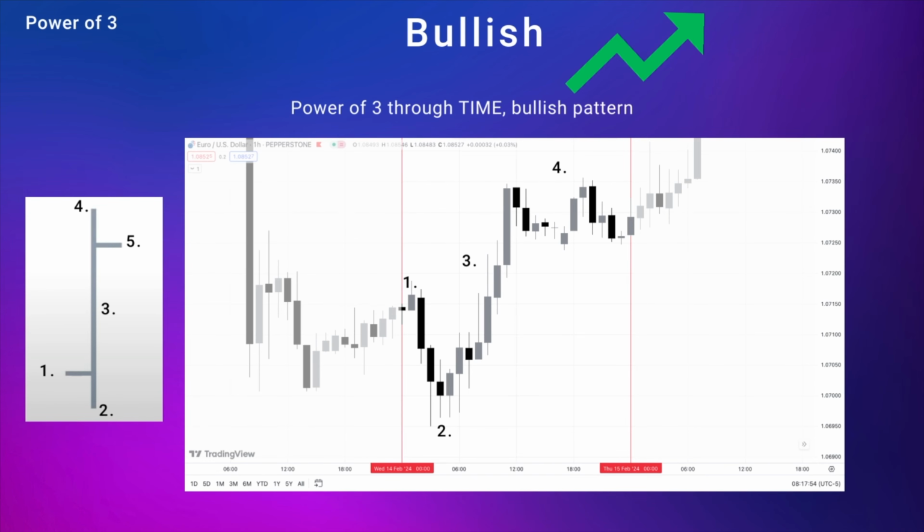Then it forms the high of the day. In this case, you see two highs, the one on the left and the one on the right. And finally, the price closes lower than point number 4, but still high. And so it was a bullish day.